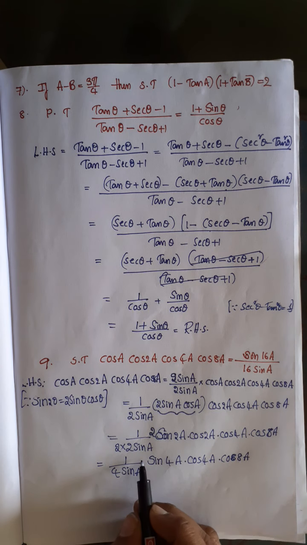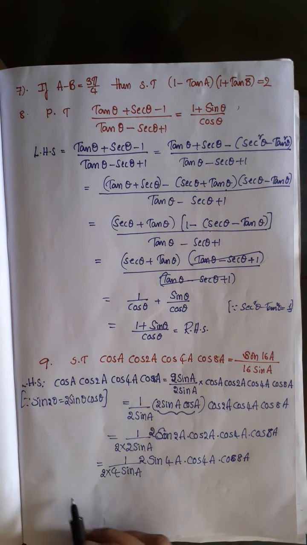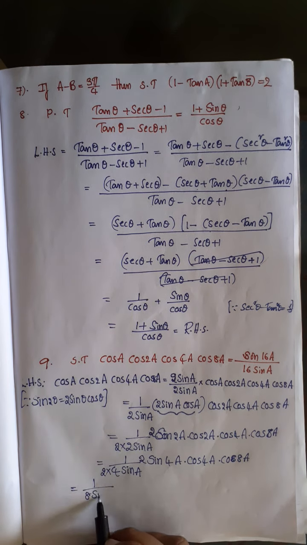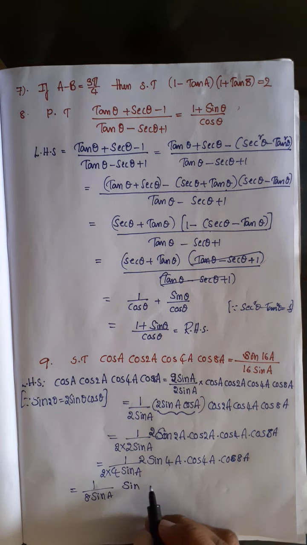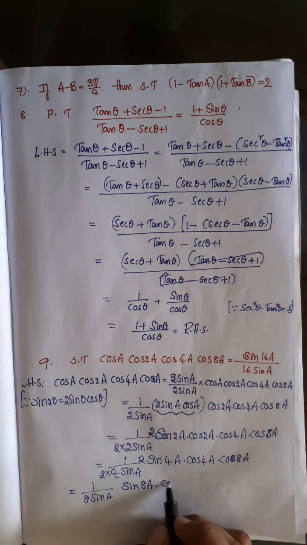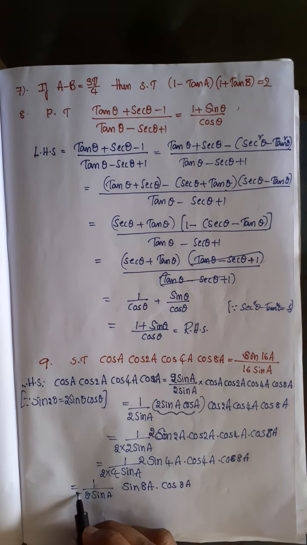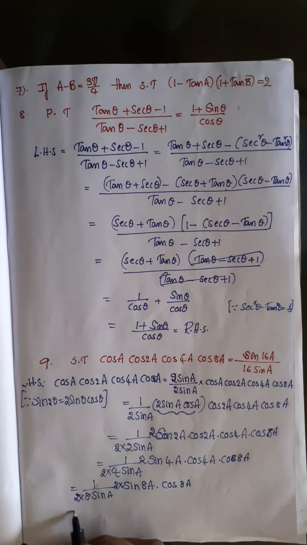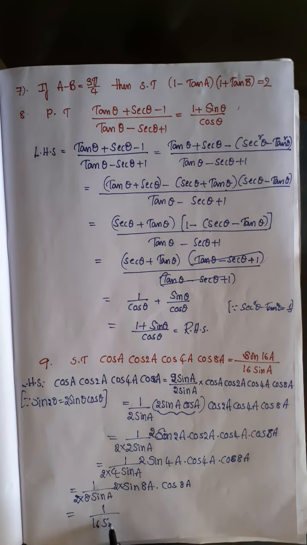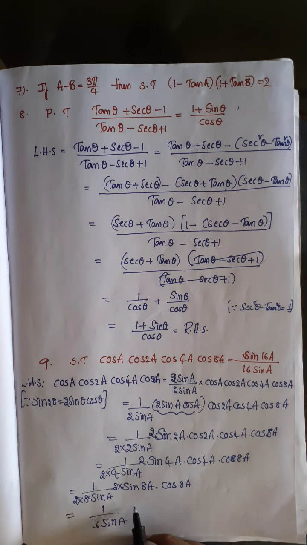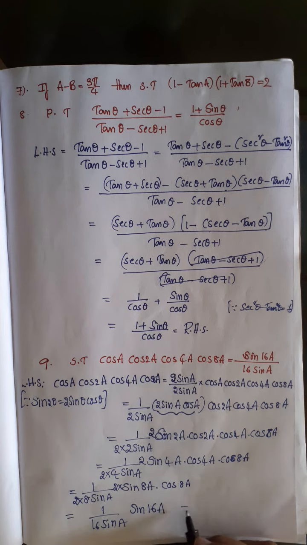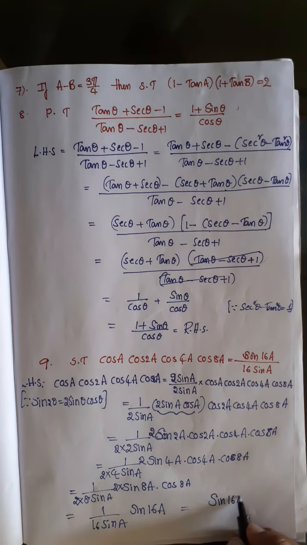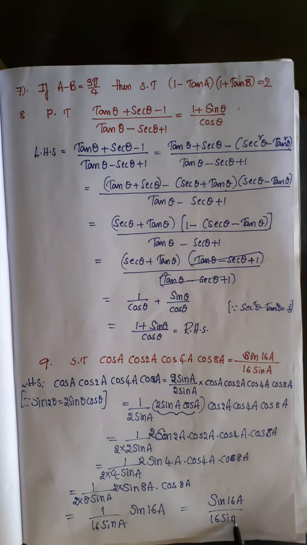So, again we want 2 here, so I am multiplying with 2 and dividing with 2. 1 by 8 sin A, this becomes sin 4 into 2, 8A, into cos 8A. Again you want 2 here, 2 multiply and divide. 1 by 16 sin A, this is sin 2 times 8A, that is nothing but 16A. So, hence the answer sin 16A by 16 sin A. This is the RHS part, hence the answer.